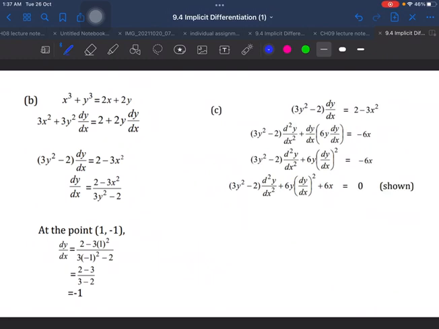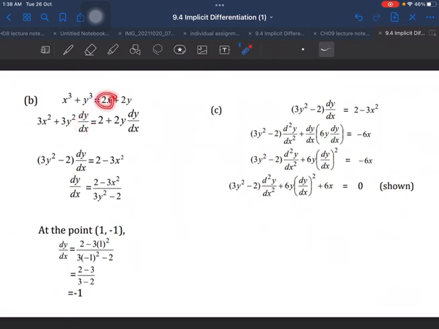We take d over dx on both sides. For the first term, differentiating x cube, we get 3x square. And then differentiate y cube. We get 3y square multiplied by dy over dx because of the variable y.